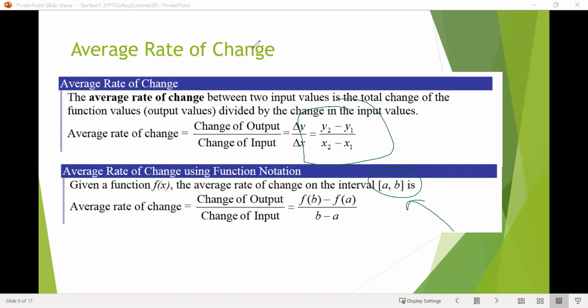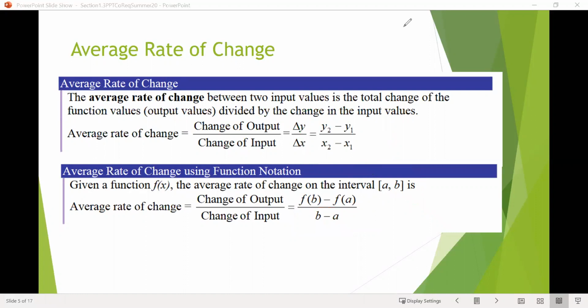Here a and b are input values, from some value a, say 1, up to some value b, which could be 7. The average rate of change there is f of b minus f of a, over b minus a. In the bottom, you're taking the difference between those two input values, and on the top, you're not subtracting the b and the a, you're subtracting their output values when they're input into the function.